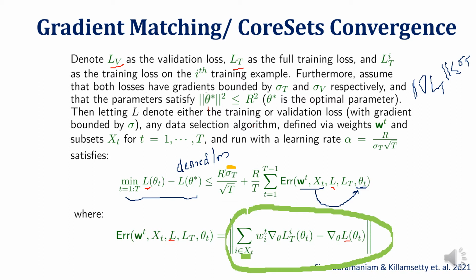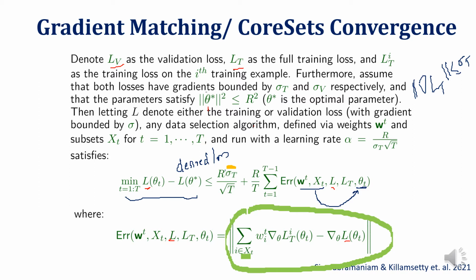Now the full gradient could be either the validation gradient or the training gradient. So for example, if the goal of data selection is to select a subset that approximates the full training set, you will try and minimize this error with L set to LT. Else you will look at L set to LV if you want to select subsets that approximate the validation set.